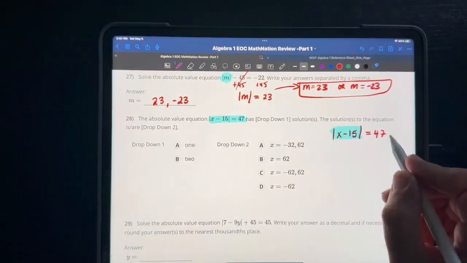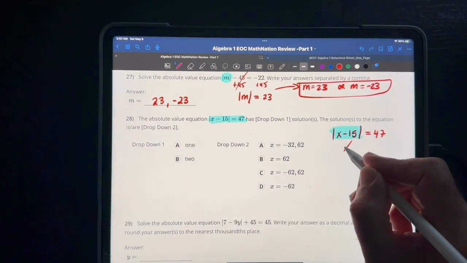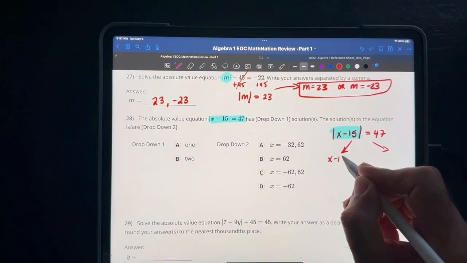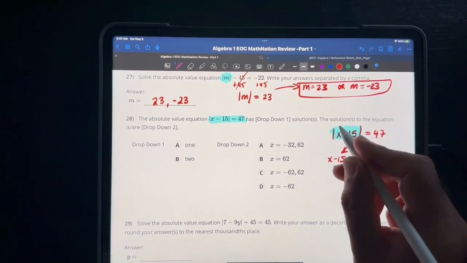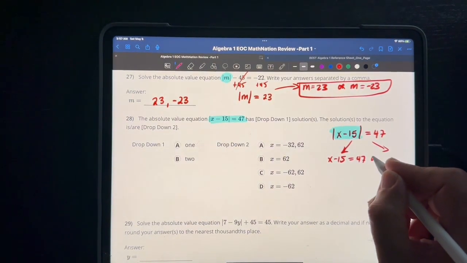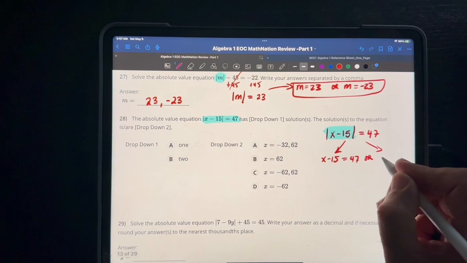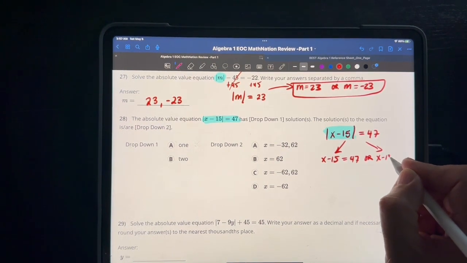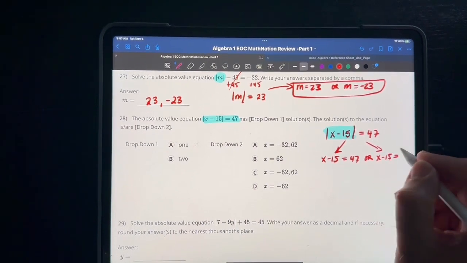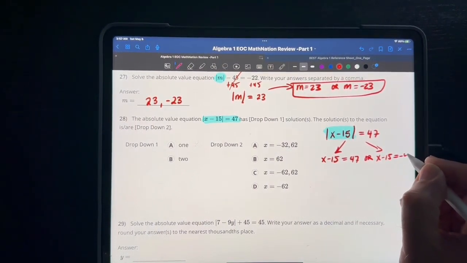Since it's isolated, you're going to split it up into two equations. One is going to be x minus 15, basically everything you see here without the bars. Or the other one is going to be x minus 15 equals, and you take the negative of that. You take the opposite sign.